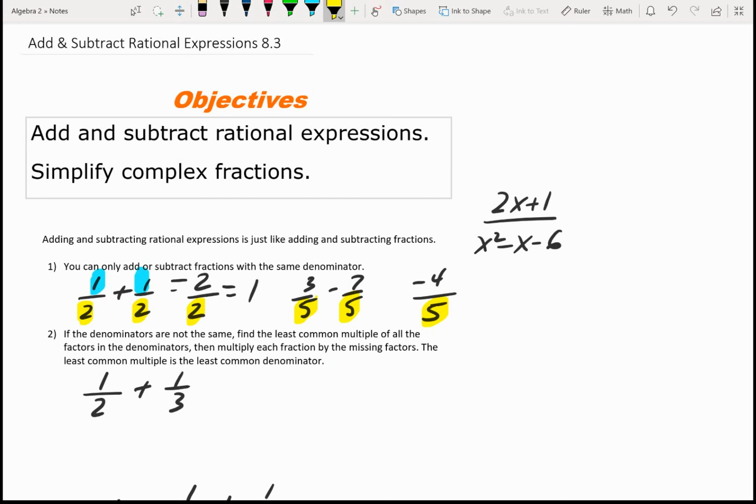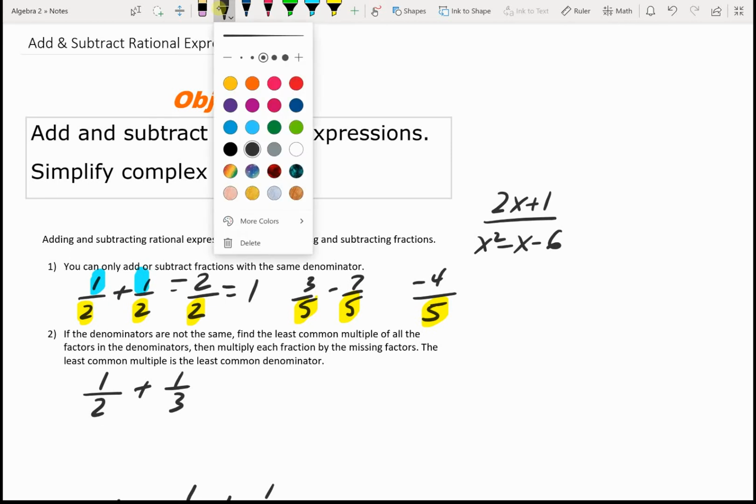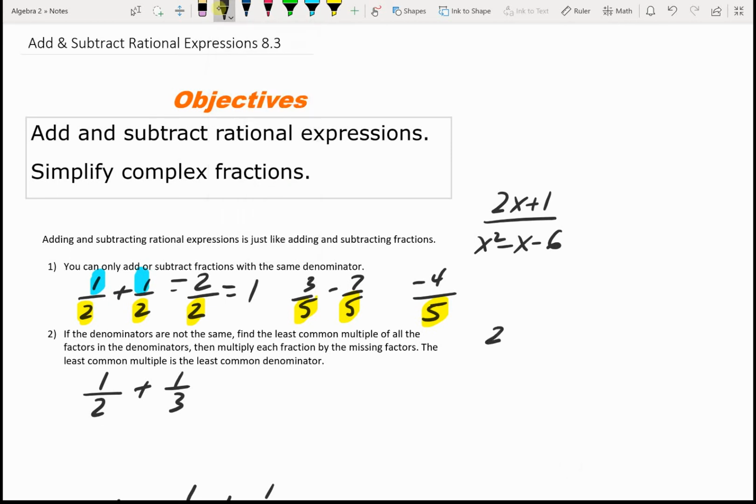If the denominators are not the same, you have to find the least common multiple of all the factors in the denominator. Let me review. If I have numbers like 2, 3, and 5, they're all prime factors. The least common multiple will be the number that you could divide by each of those factors, 2, 3, and 5.